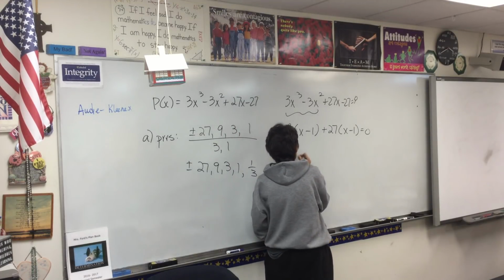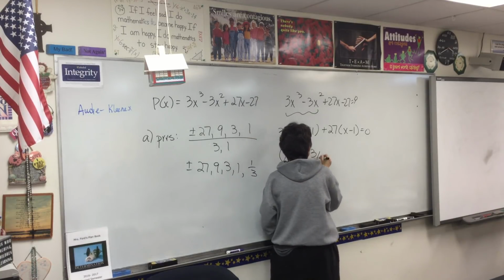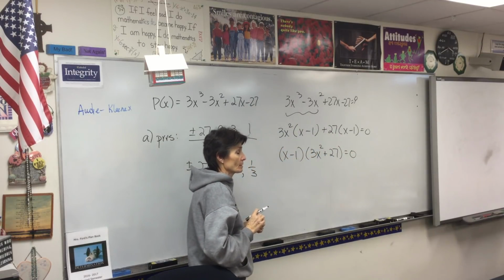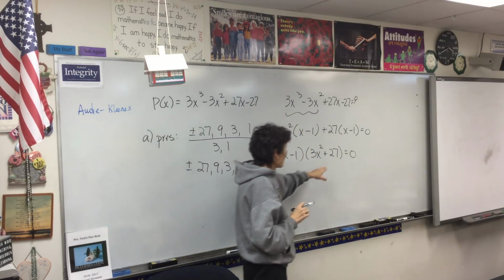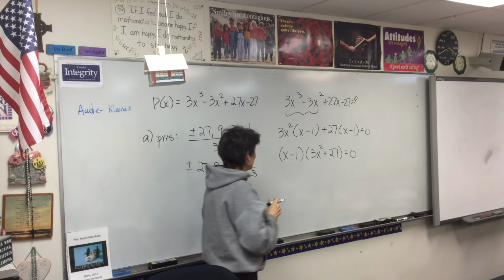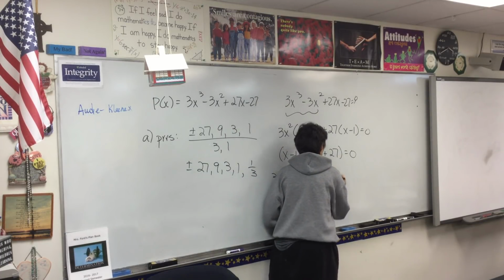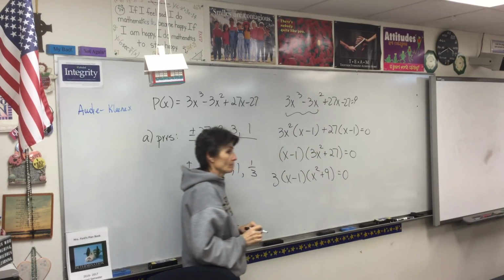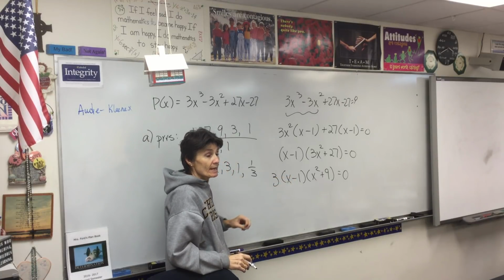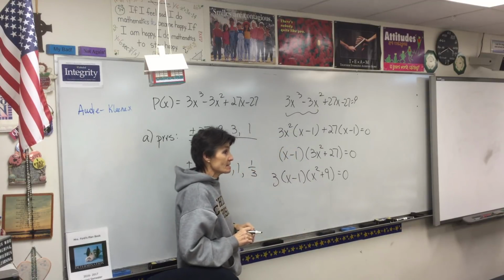So you have a match, x minus 1, and then we have 3x squared plus 27 left. Now, does that factor? You actually can take a 3 out, right? I'm going to put it out here in front. Does that factor? Oh. No, it doesn't. It would if this were a minus, but that doesn't factor.